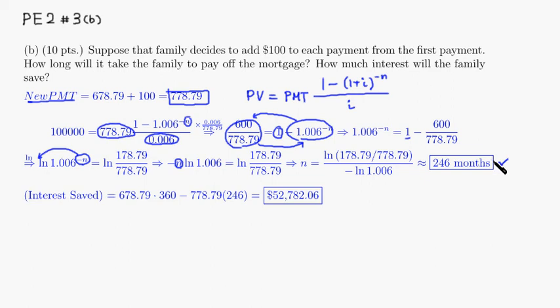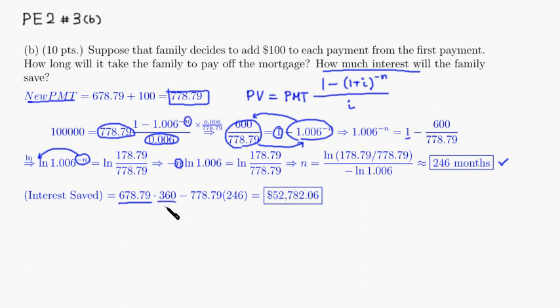The last part is we have to look for the interest that they save. The interest we save is just the difference between the amount they would have paid and what they actually paid with this new additional $100 payment. We know that the initial payment was $678.79, and they would have had 360 payments.